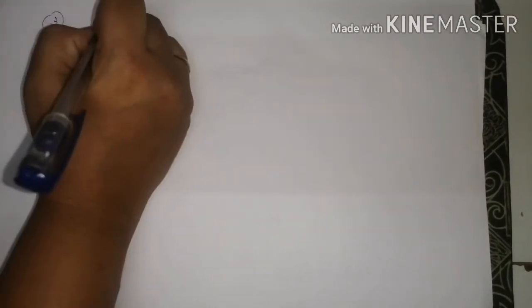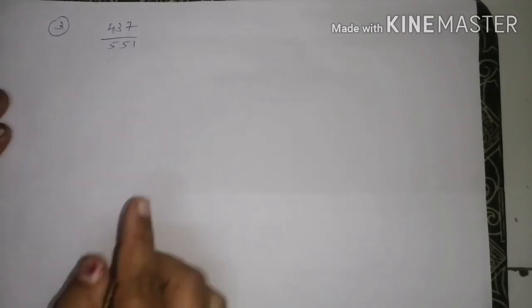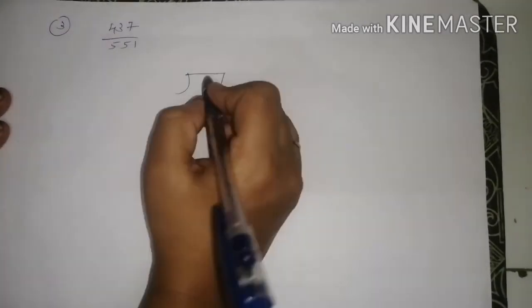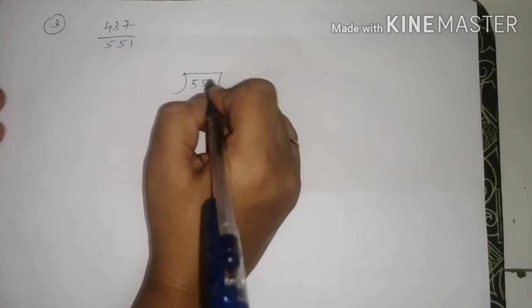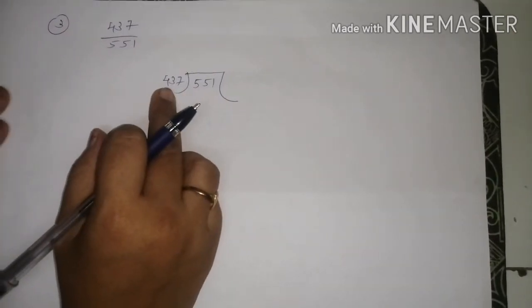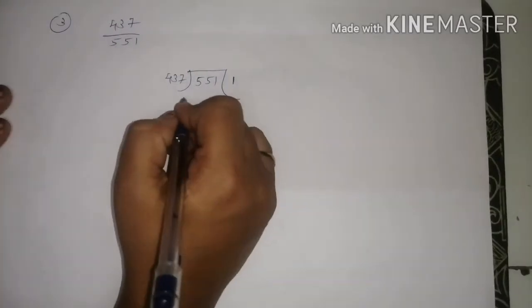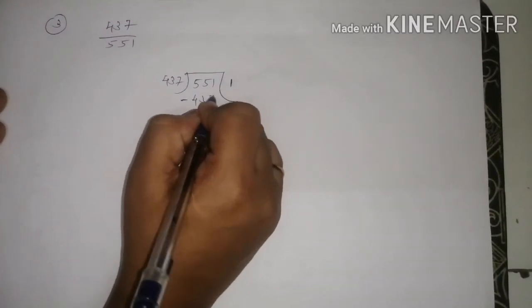One more sum is there. 437 divided by 551. So let's again divide it. If we divide 551 by 437, the nearest number will be 437 ones only.